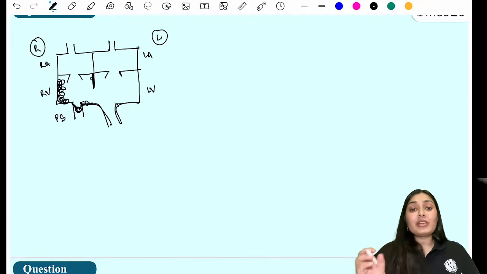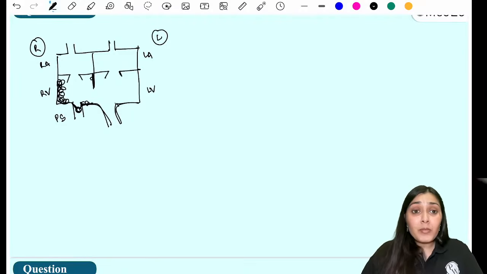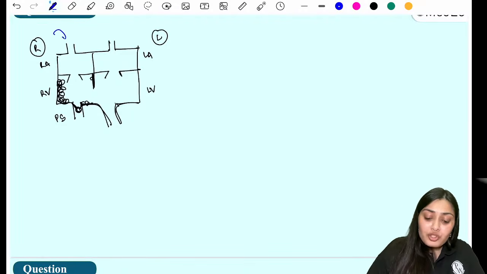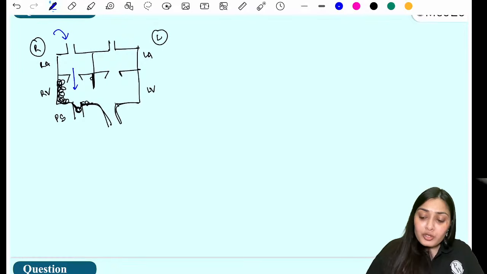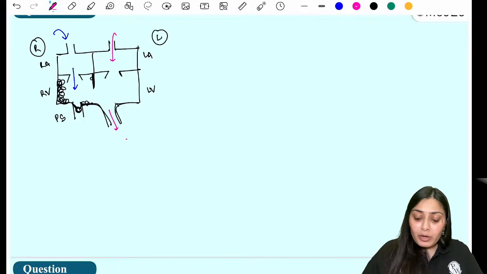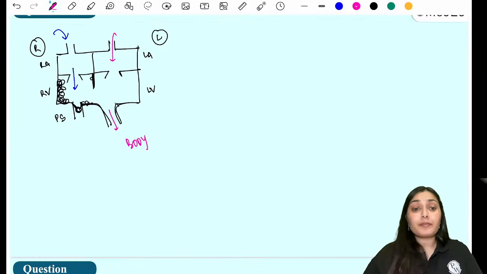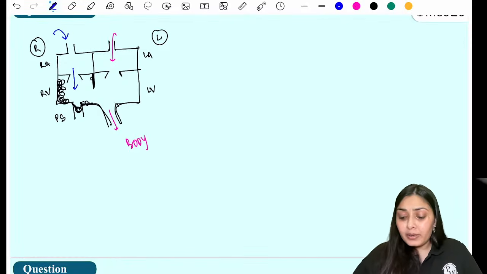So what is essentially happening in this condition? I know the right side of my heart receives deoxygenated blood from my body and sends it to the lungs for oxygenation, and oxygenated blood comes to the left side and gives it to my body. What is happening over here?